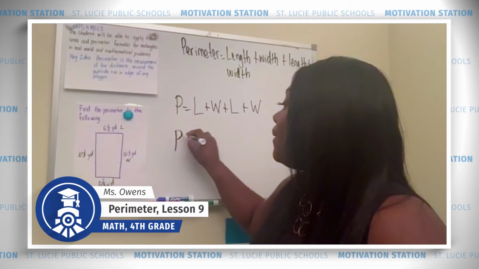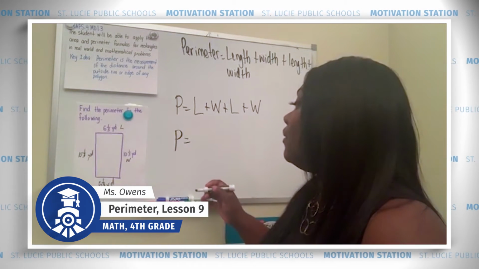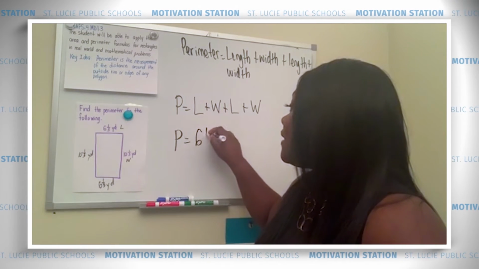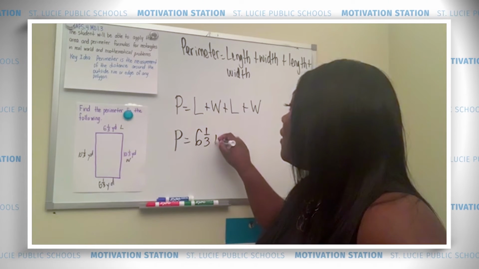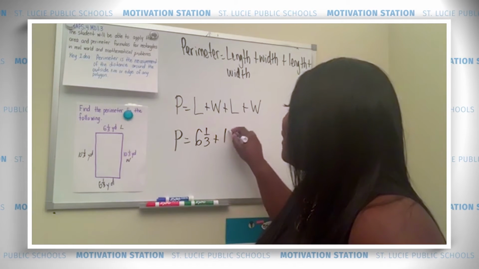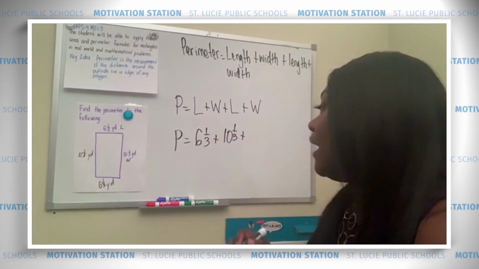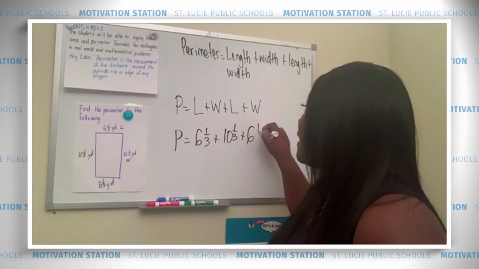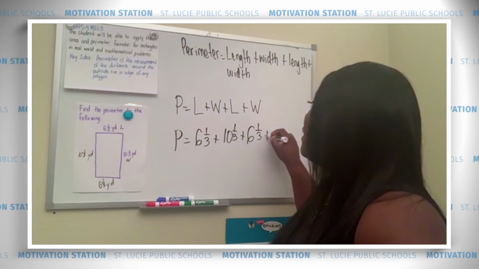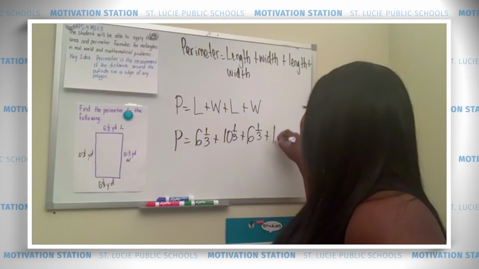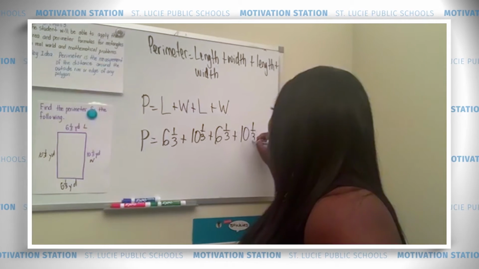So the perimeter will be equivalent to the length, 6 1/3, plus the width, 10 1/3, plus the other length, 6 1/3, plus the other width, 10 1/3.